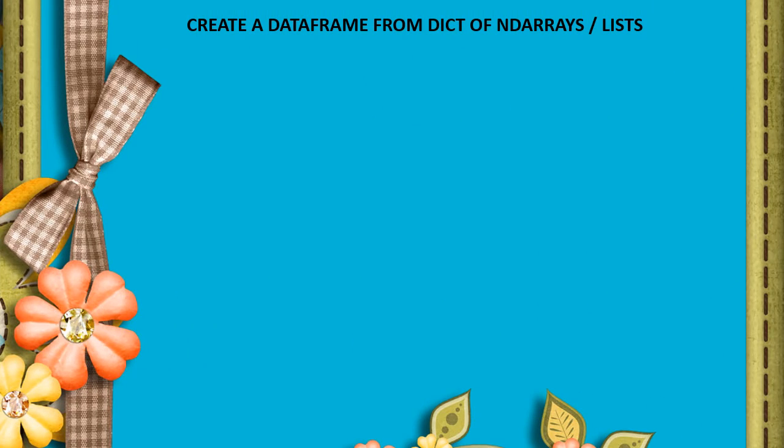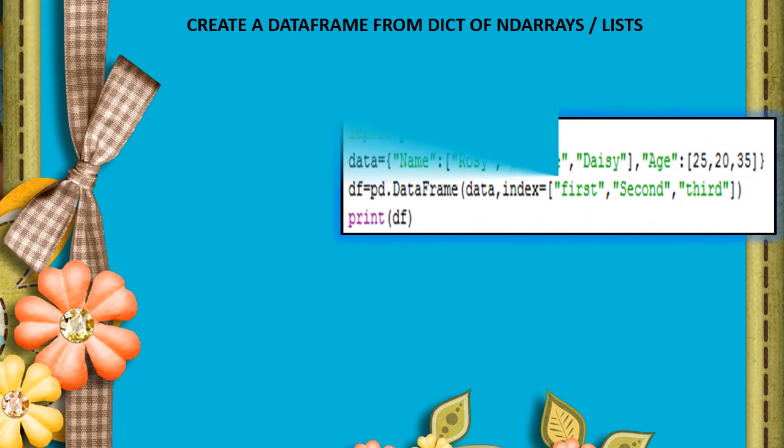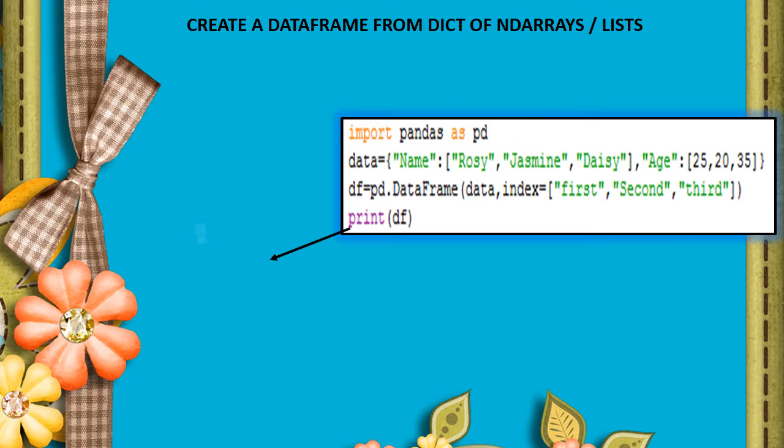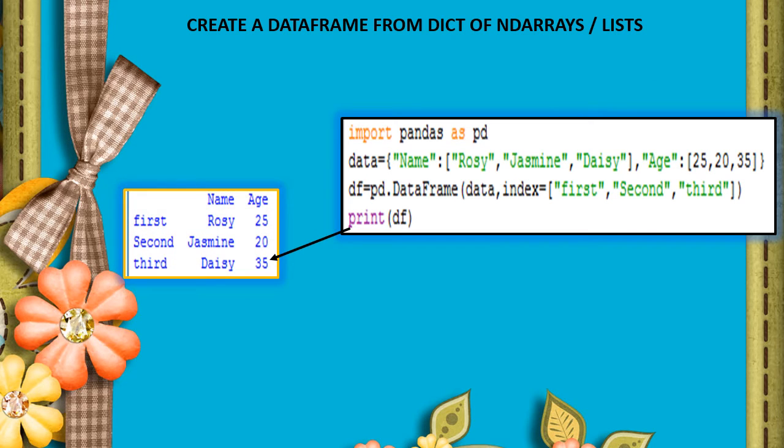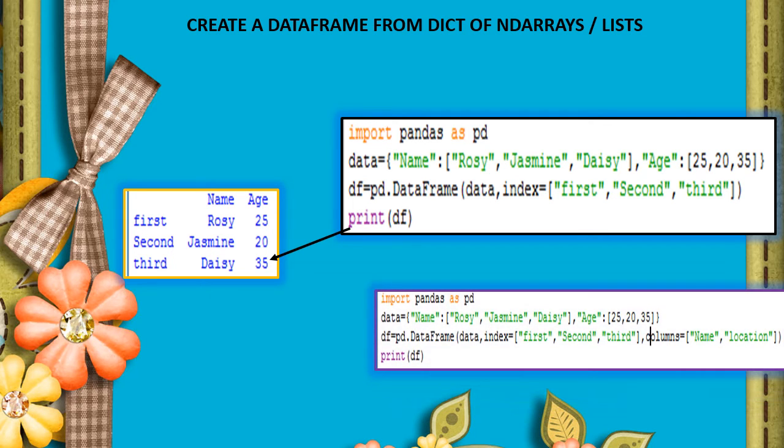And next, we are creating the data frame from a dictionary of lists. See here, data equal to name, and the list of names is given: Rosie, Jasmine, Daisy.